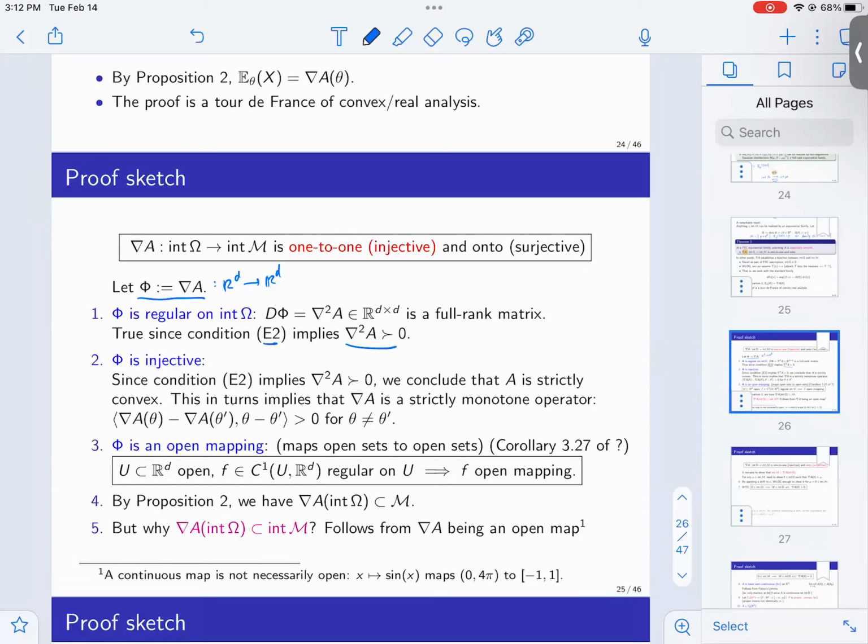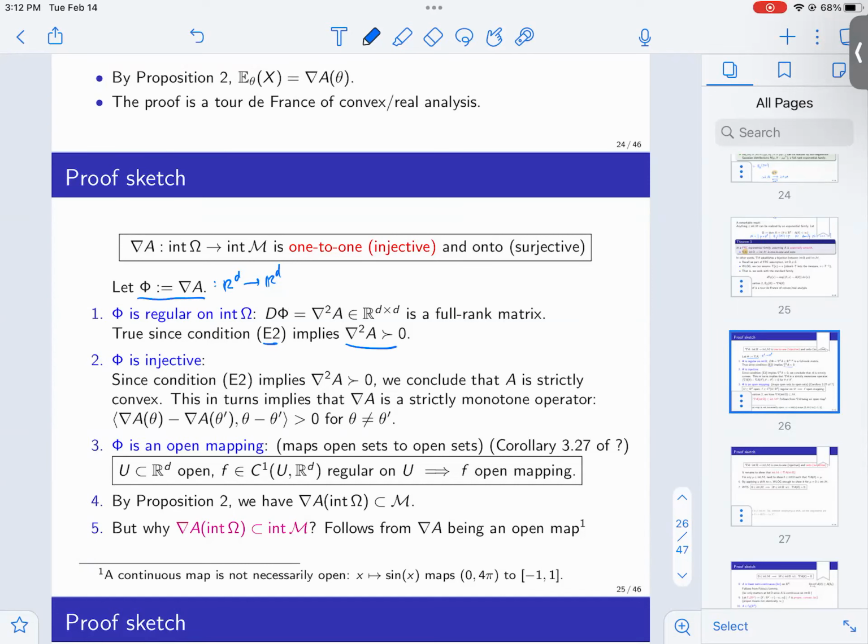So this means that phi is regular. It's called a regular map. And because it's a regular map, it's an open mapping, and so it maps the interior to the interior. But the injectivity part comes from the fact that I think you show in one of the homework problems that if the Hessian is non-singular, it has to be positive definite, then A is strictly convex and the gradient would be strictly monotone.